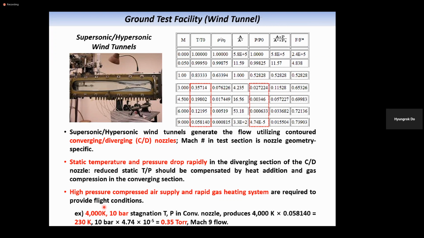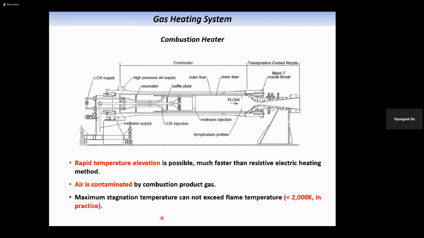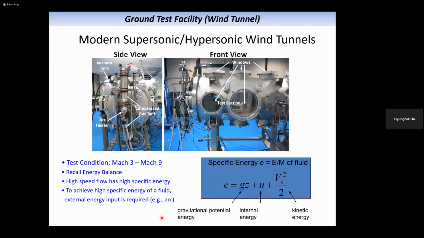Then to produce this hypersonic flow, you will have to heat the gas up to 4,000 Kelvin. And as you have seen here, the only option to reach 4,000 Kelvin is the use of plasma discharge. In the plasma discharge, you will have a large number of electrons that are exciting the molecules. So the internal energy of the molecules or the dissociated radical concentration should be measured.